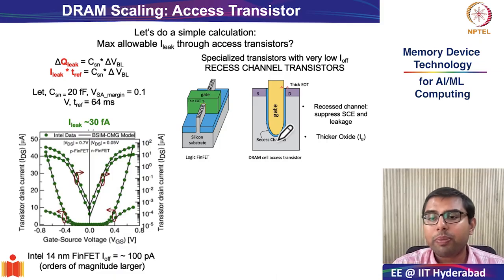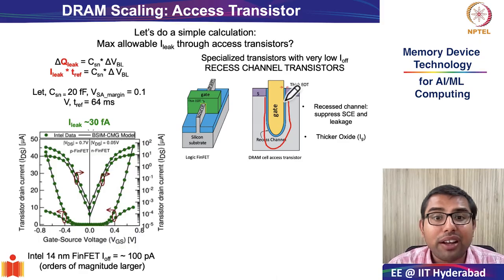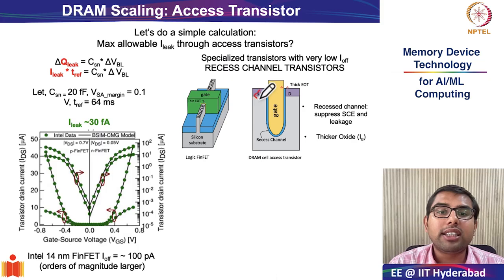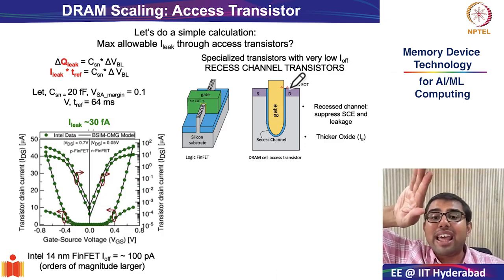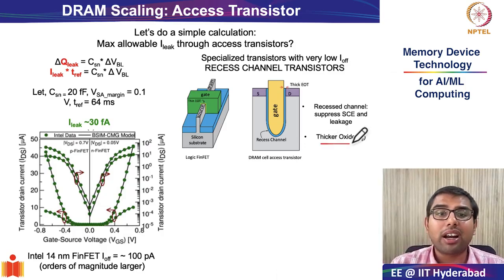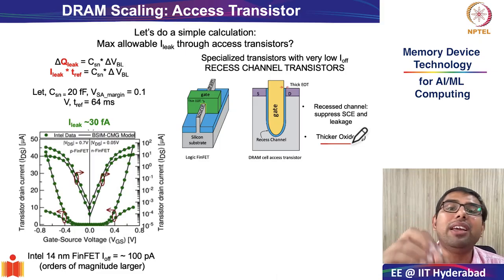If you think very intuitively, this is a very good technique to increase the effective channel length. The effective channel length is increasing because the current has to go all around. You are increasing the effective channel length without changing the distance between source and drain. So you are maintaining scalability but increasing the effective channel length, and by using a thicker gate oxide, you can ensure that the leakage current is very, very low.